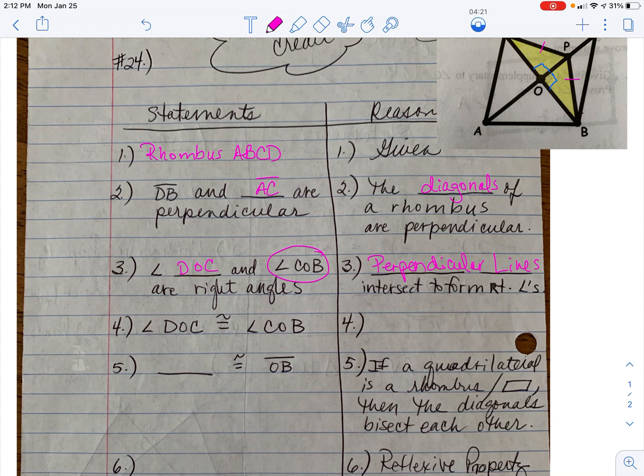Okay, so not only are they right angles, since they are right angles, both of them, that means they're congruent to each other. So for a reason, we're just going to write all right angles are congruent. They're all 90 degrees, right? All right angles are congruent. All right, number 5.